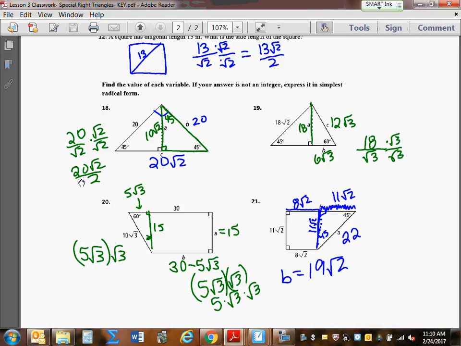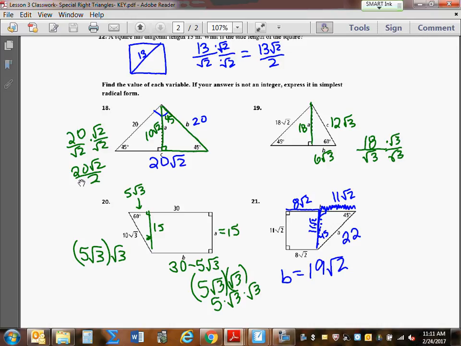Here, it actually just created 2 triangles there. Number 18 was a 45, 45, 90 mixed with the 45, 45, 90. Then the other one combined the 2 different ones. Do we have any questions on these ones?